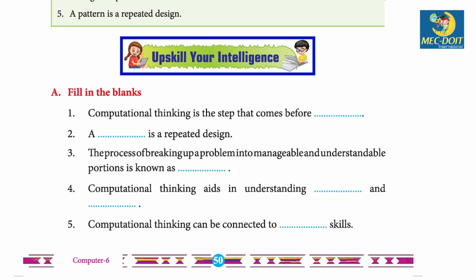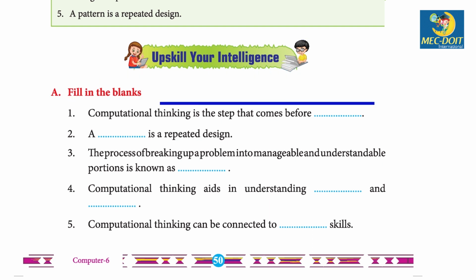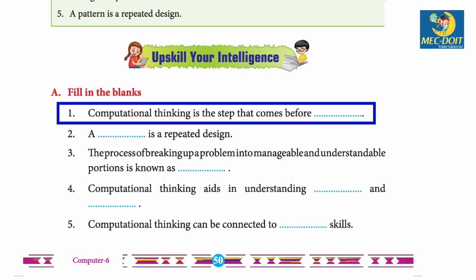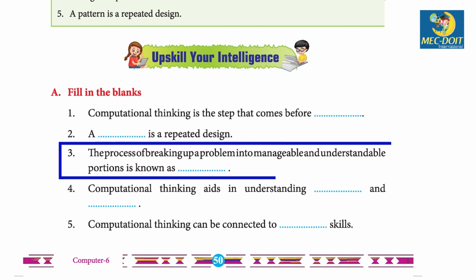Upskill your intelligence. A. Fill in the blanks. 1. Computational thinking is the step that comes before dash. Answer: programming. 2. A dash is a repeated design. Answer: pattern. 3. The process of breaking up a problem into manageable and understandable portions is known as dash.